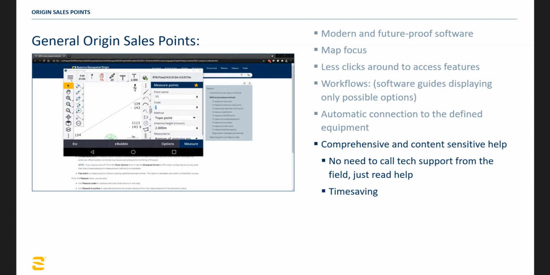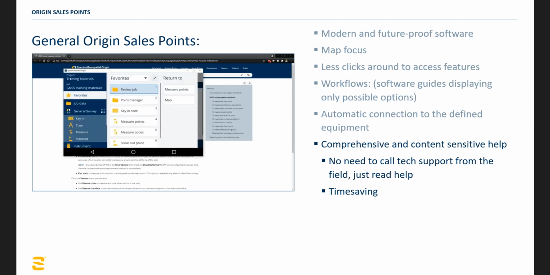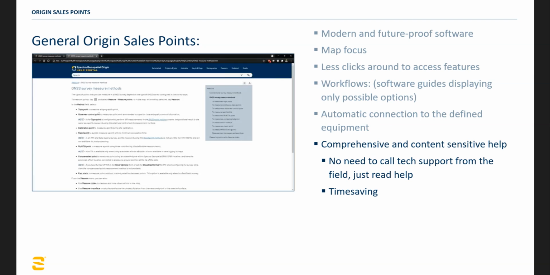So now on my screen, I have the measure option activated, measure points option activated. Once I go to the main menu, scroll down and select help, it will immediately direct me to GNSS survey measure methods. So it will display the information related to the screen that has been opened in Origin.